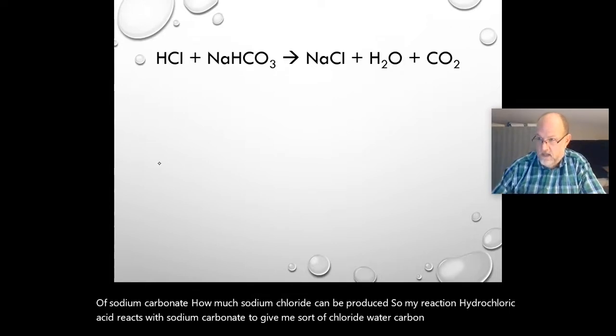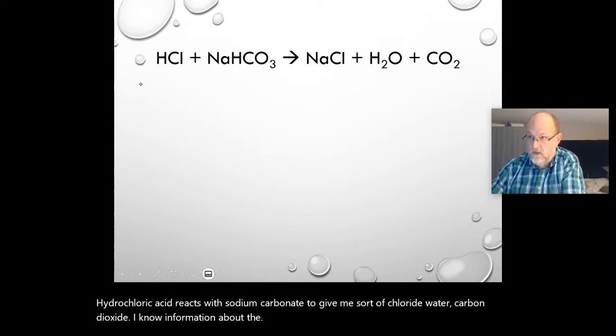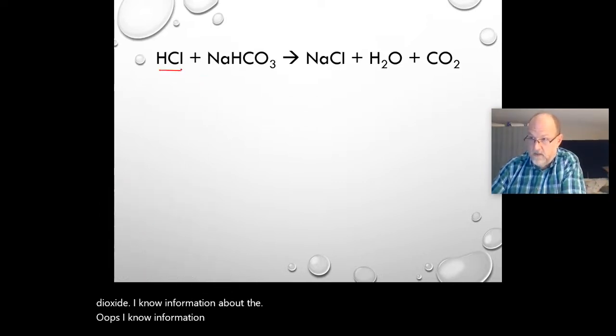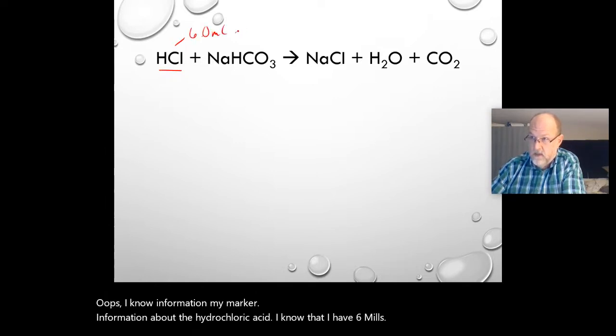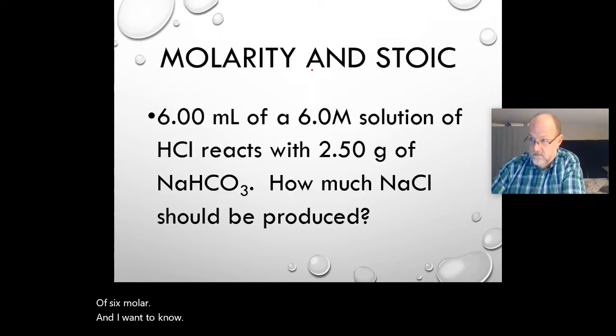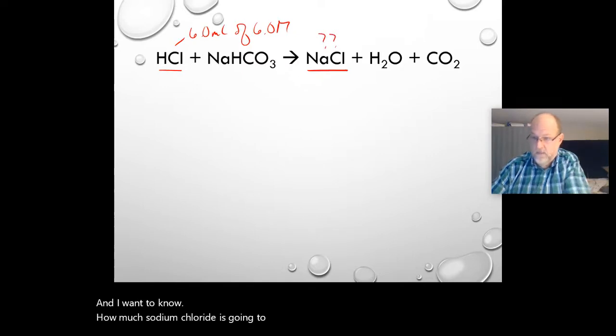I know information about the hydrochloric acid. I know that I have 6 milliliters of 6 molar, and I want to know how much sodium chloride is going to be produced.